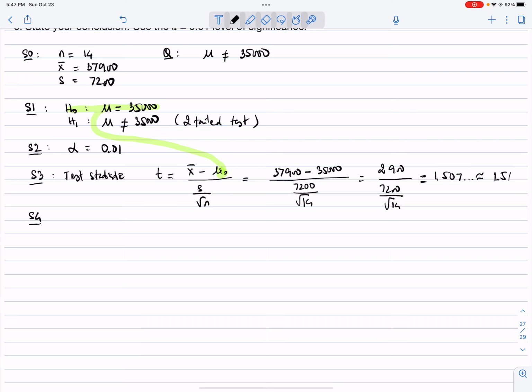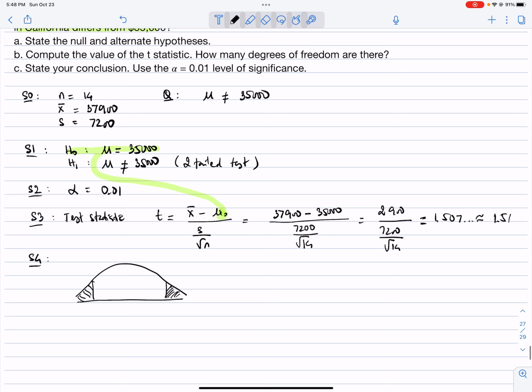Step number 4, we will calculate the p-value. First let's draw the t distribution, the student distribution. We said that we use the two-tailed test in step number 1. This part will be alpha, and because we use a two-tailed test, we will have alpha divided by 2. 0.01 divided by 2 is 0.005.